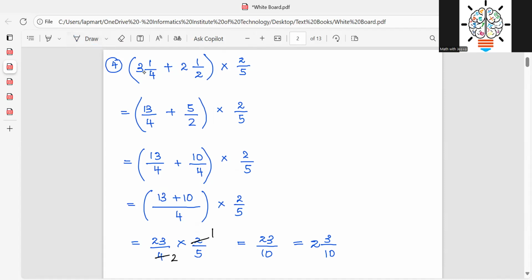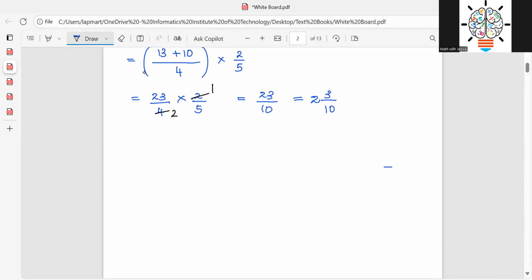So then the next one, question number 5. Question number 5A, they have given 3.27 add 0.09. Okay, how I'm going to do this? 3.27 add 0.09.